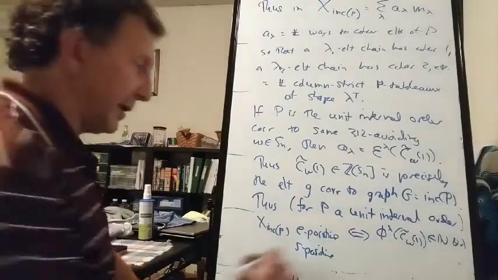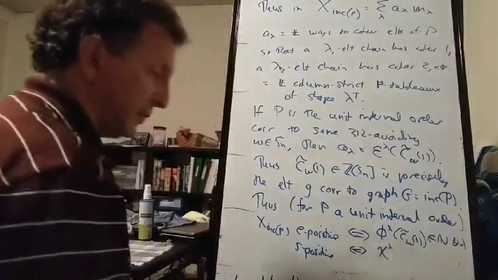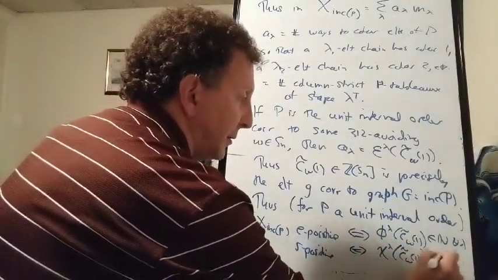And saying that it's Schur positive is equivalent to all of the irreducible character evaluations being non-negative.